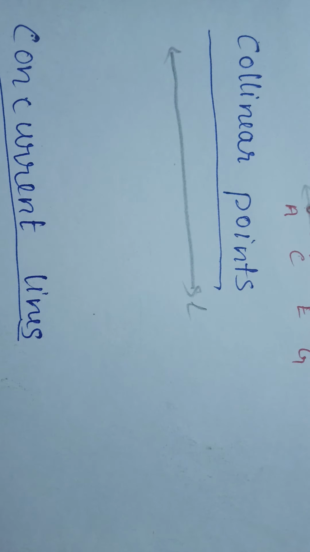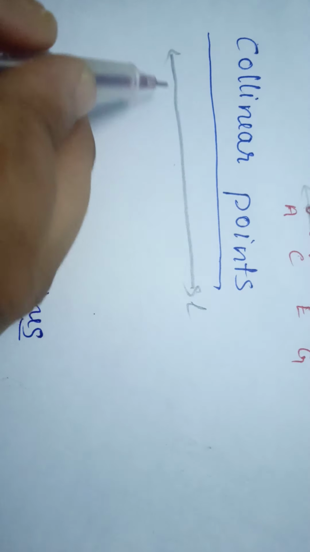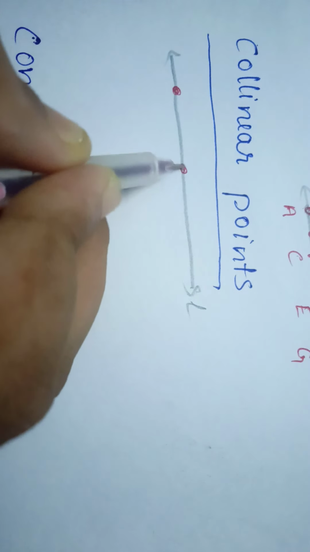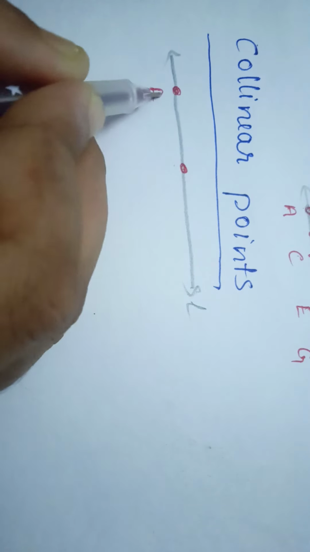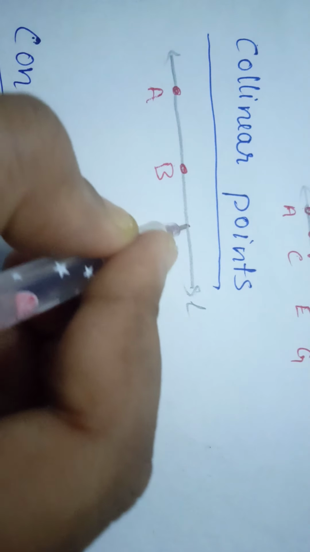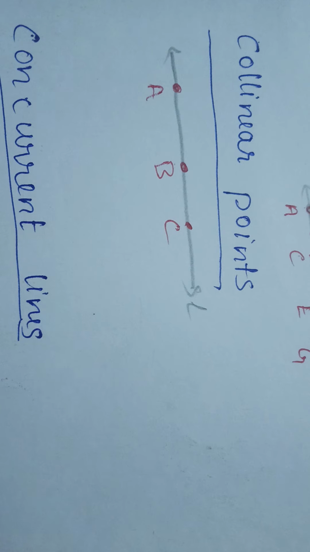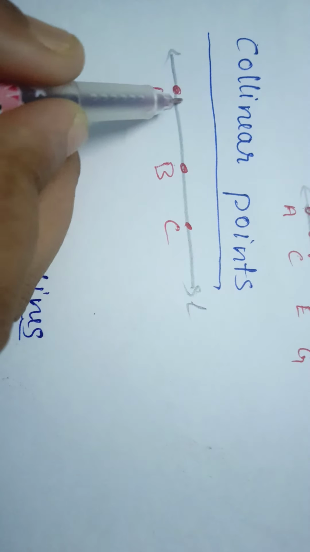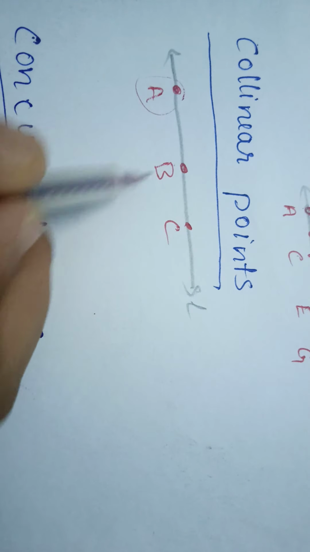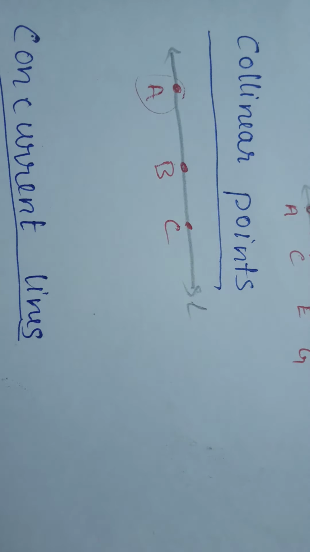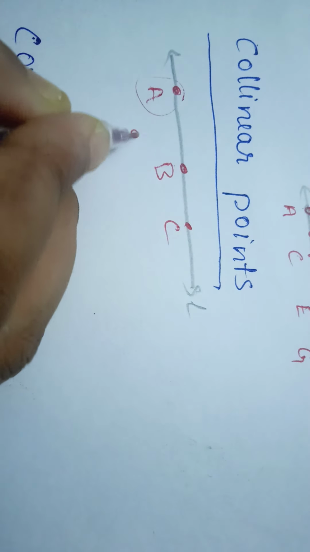If there are points on the same line, then those points are known as collinear points. So I have three collinear points on line L. What are those collinear points? One is A, one is B, and one is C.